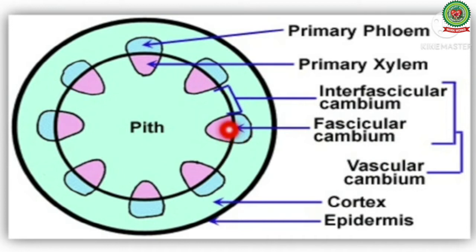Here, a strip of meristematic cells that is present between primary phloem and primary xylem of a single vascular bundle is called fascicular or intrafascicular cambium, whereas a strip of meristematic cells that is present between two different vascular bundles is called interfascicular cambium.